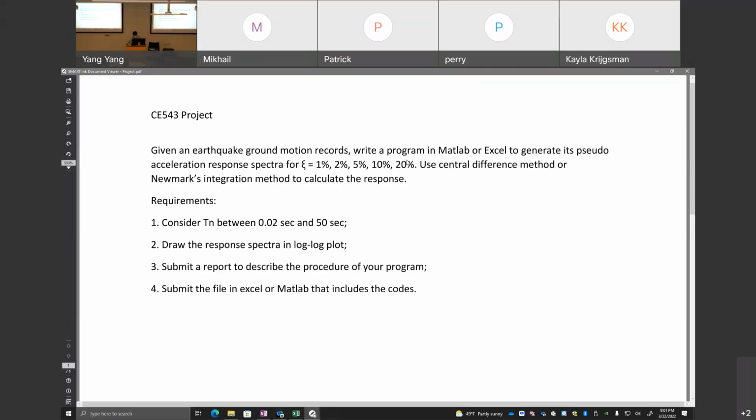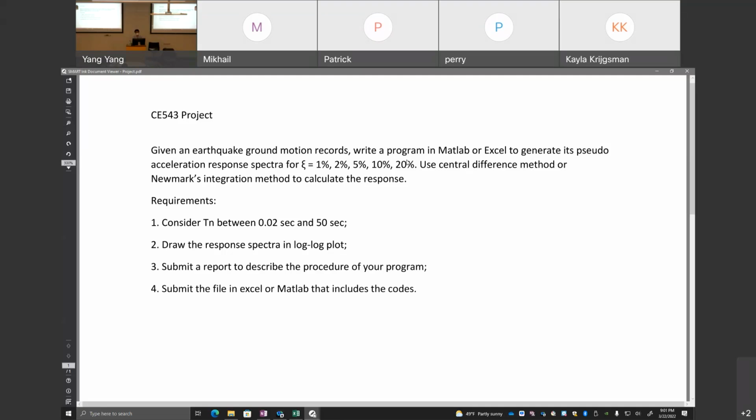You are required to use the central difference method or a numerical integration method to calculate that response. Either one. Next time we will talk about what a response spectrum is, as well as the central difference method and the numerical method.